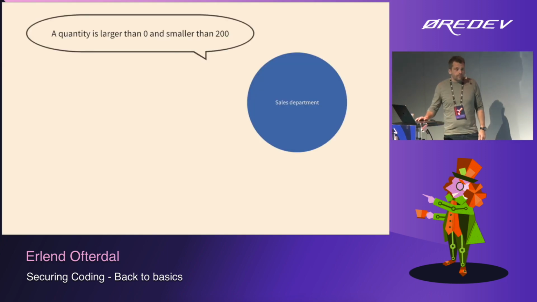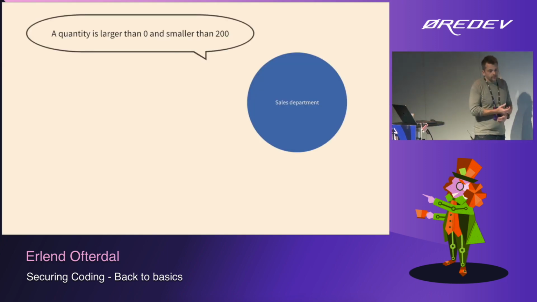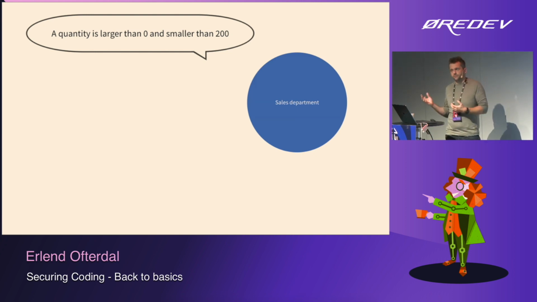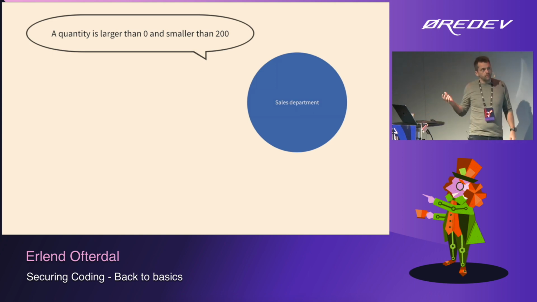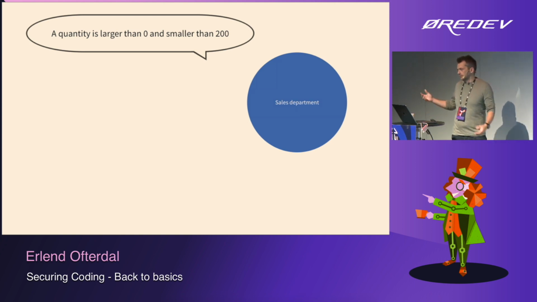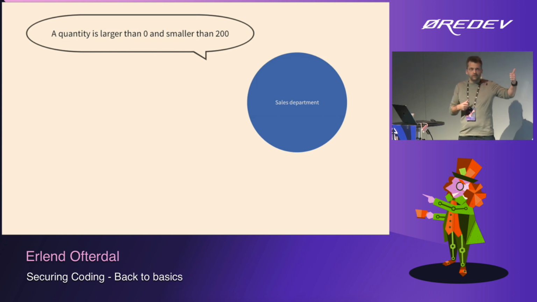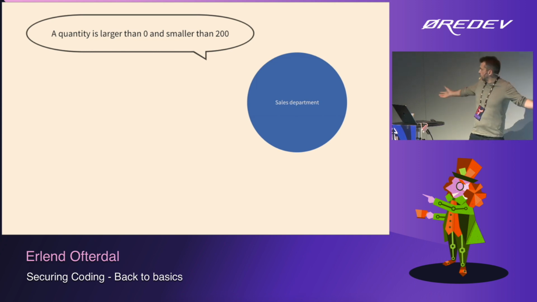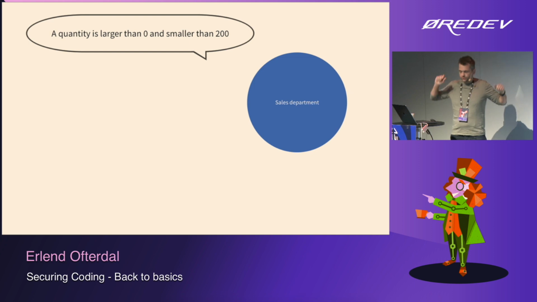One of the things that they talk about is that different departments within the same company might have used the same words, but it's not necessarily exactly the same. So in a sales department, if we're selling something, a quantity means we want to sell at least one thing, but we don't want too big orders. So let's say it's between 0 and 200.